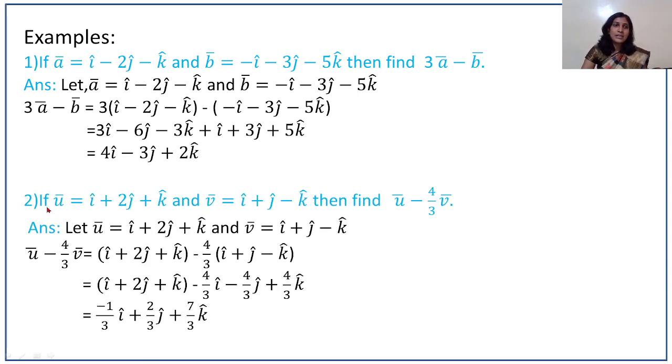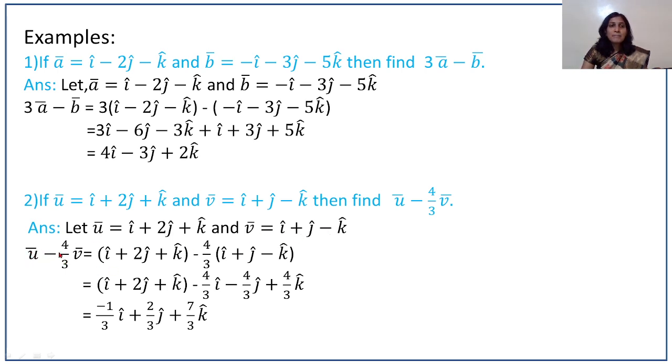Then second example: if U bar is equal to I cap plus 2J cap plus K cap and V bar is equal to I cap plus J cap minus K cap, then find U bar minus 4 by 3 V bar. Here we write U bar and V bar.